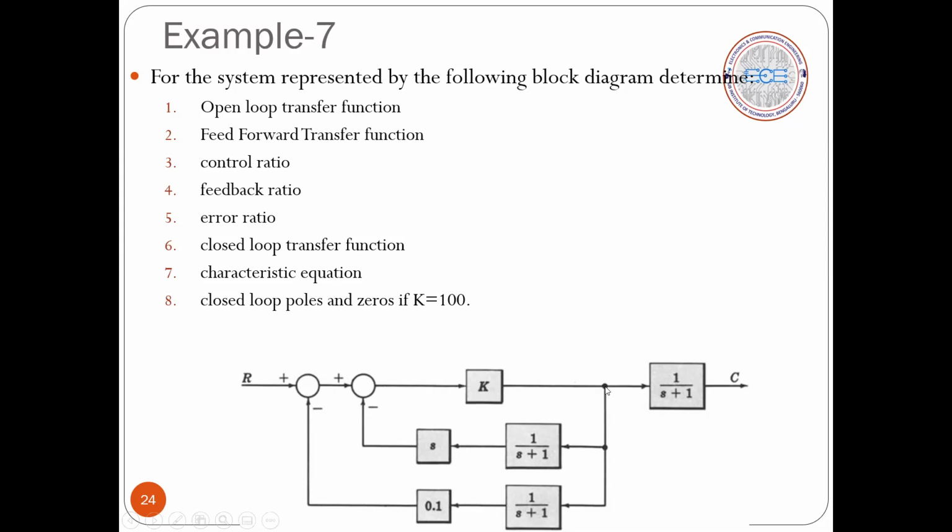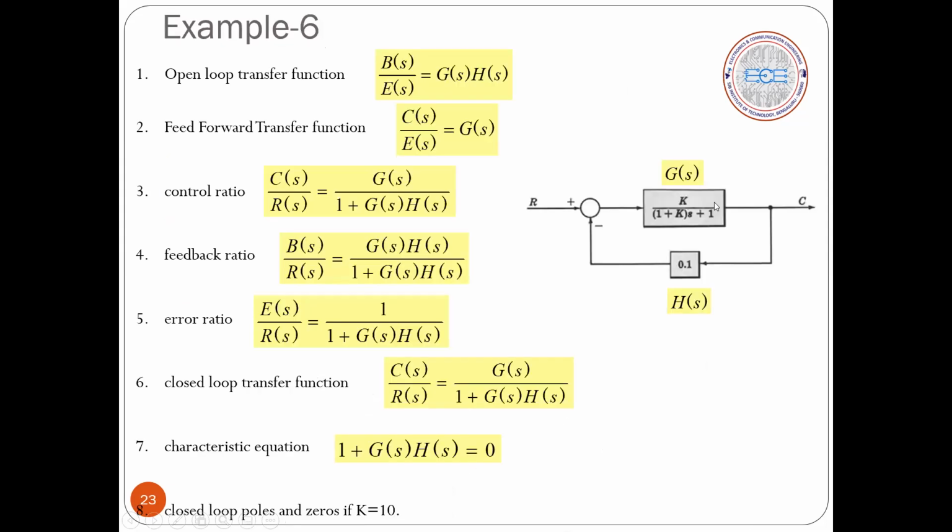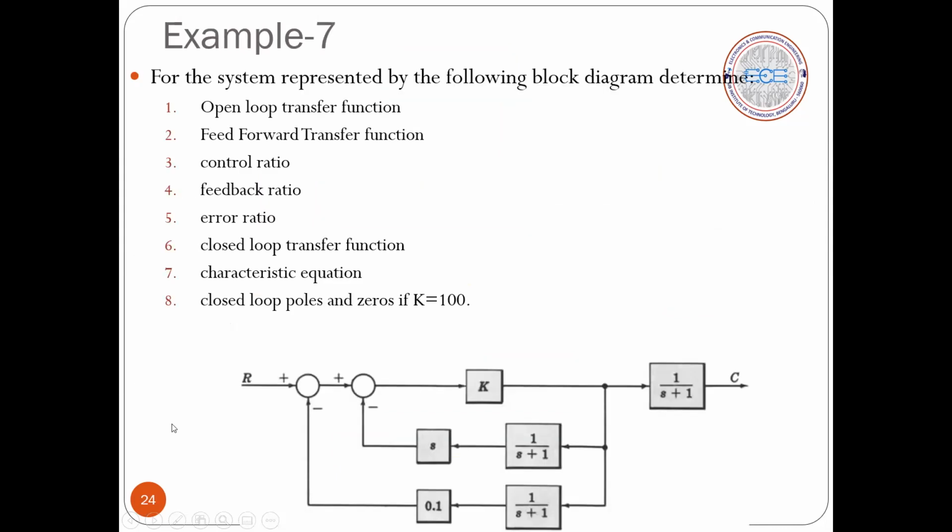Then the takeoff point you have to move ahead of this block. Moving a takeoff point ahead of a block or after the block, that technique we have already discussed. Then you get a canonical form. Once you get the canonical form, it is as simple as the previous one which we have discussed. You have formulas for all the parameters, and you simply substitute the values to get the answer.